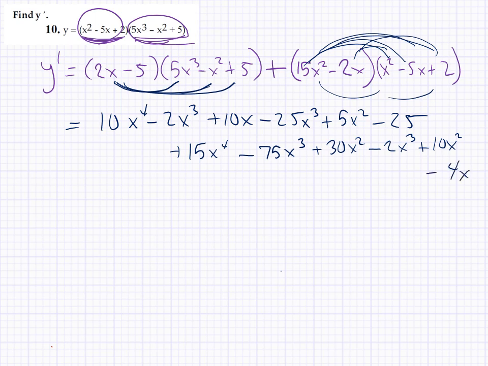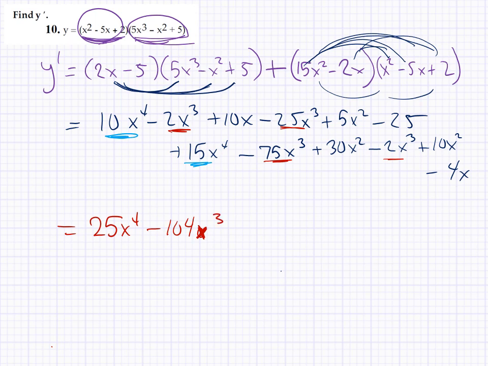So then you got to collect all these like terms here. So we got an x to the fourth and we got an x to the fourth. So they'll come together. So we end up with what? 25x to the fourth. Then we have an x cubed and an x cubed and an x cubed and an x cubed. So what do we get there? The negative 25, the negative 75 gives me negative 100, plus a negative 2 and a negative 2 gives me negative 104x cubed.